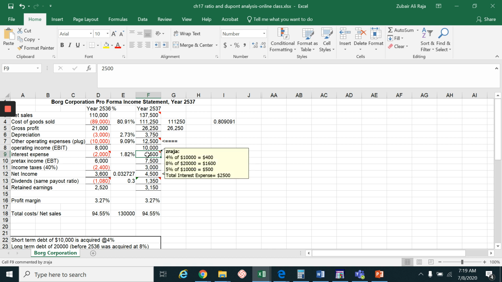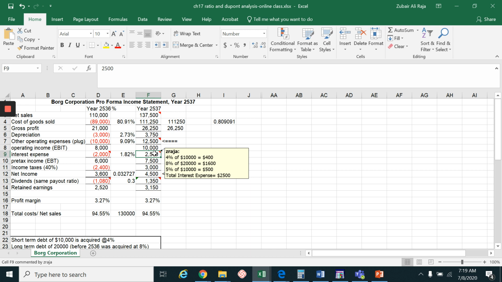So how can you calculate the interest expense? Remember I told you that this is the schedule over here. You can see in the comments, 4% is on their short-term debt, which was 10,000. So 4% of 10,000 was 400. 8% of 20,000 is 1,600. So this was the debt which they already had.